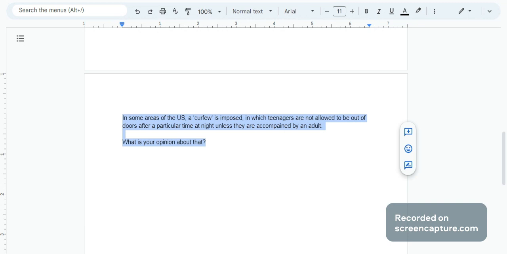So we are going to discuss both of them, and at the end of the essay we will give our opinion, our main statement, whether we agree or not, whether it's good or not.